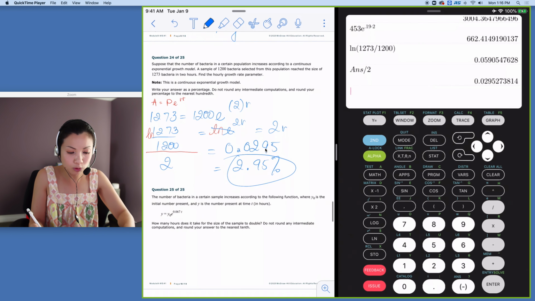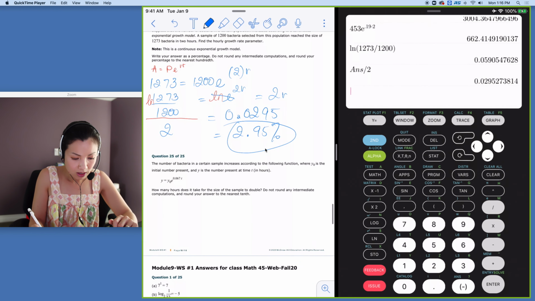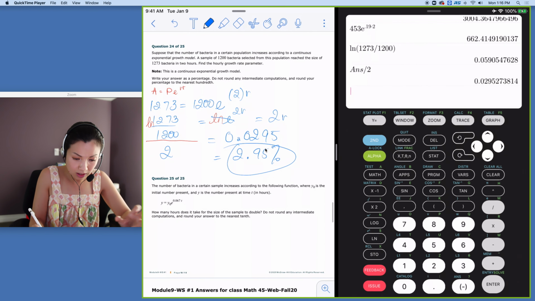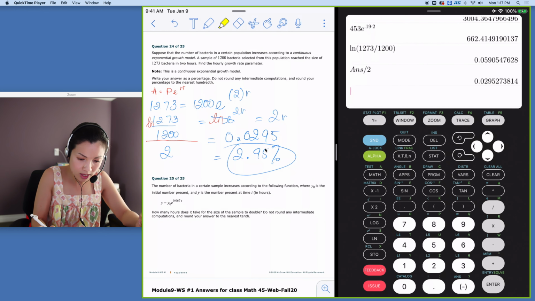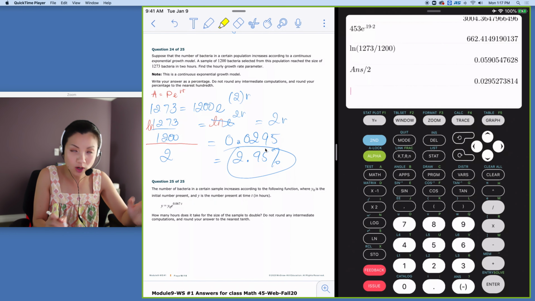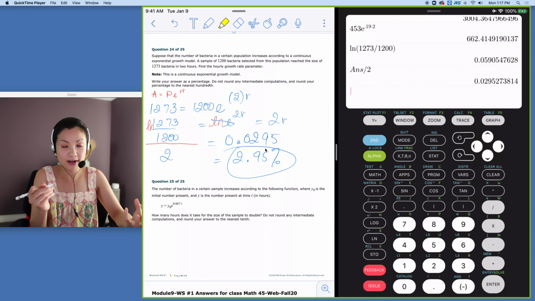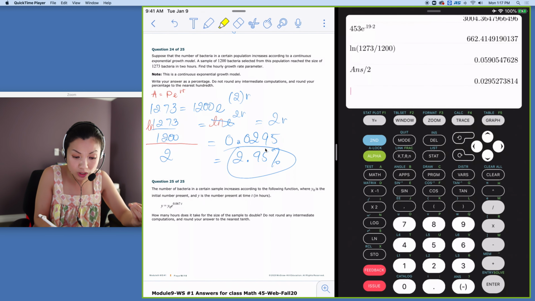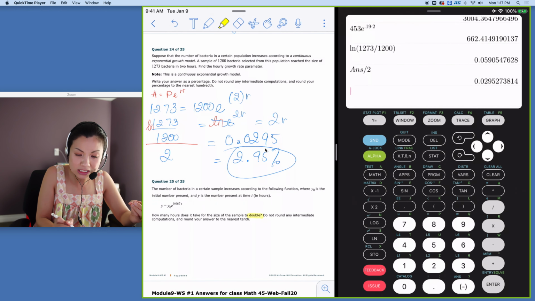Okay, now moving on to number 25, we have the model right there. Now you have to notice that they're asking you for hours, so they're asking you for time, right? Now they don't give you the initial and the final. The only thing we know is the size of the sample is going to double.